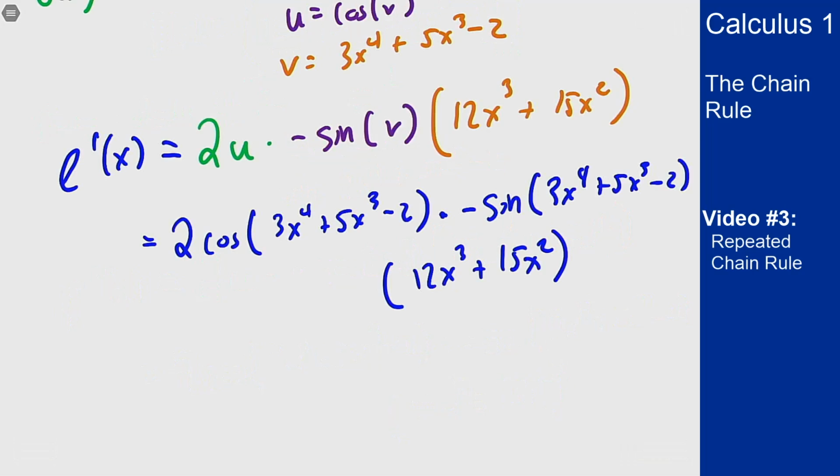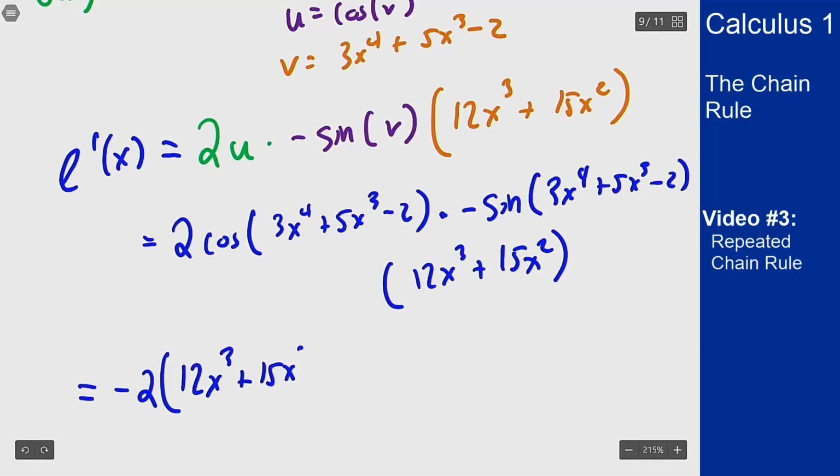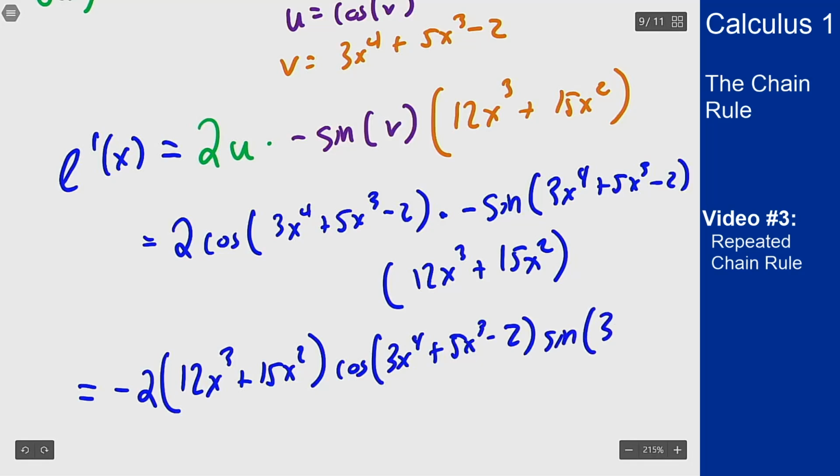I can then recollect my terms a little bit, and I will get a negative 2 times a 12x cubed plus 15x squared times a cosine of 3x to the fourth plus 5x cubed minus 2 and a sine of 3x to the fourth plus 5x cubed minus 2.